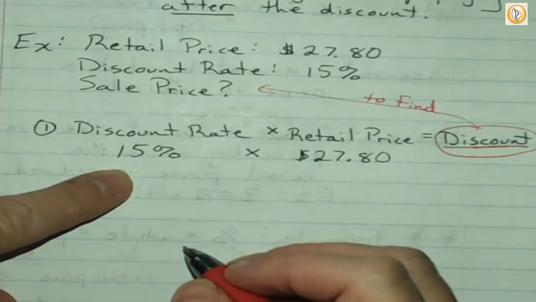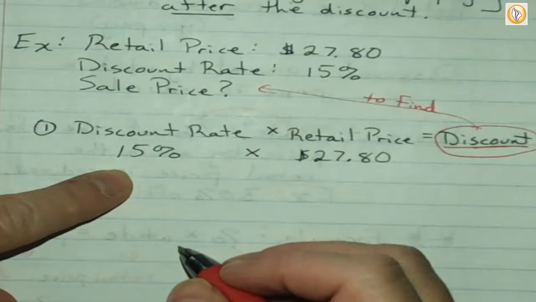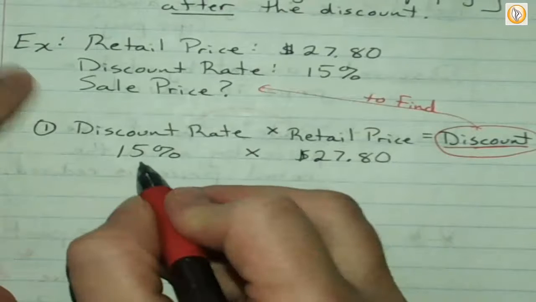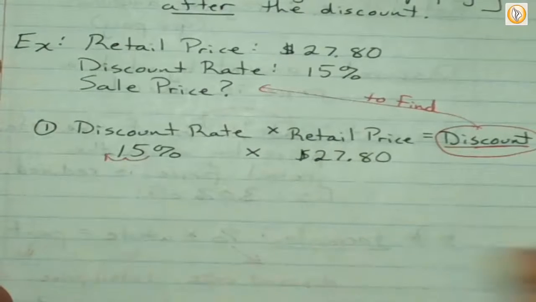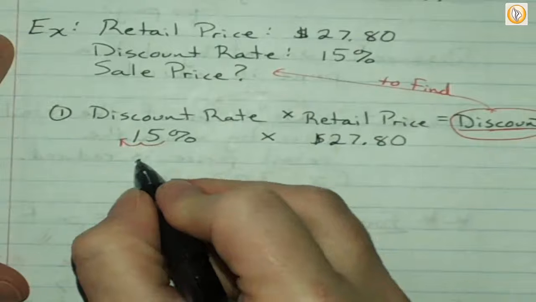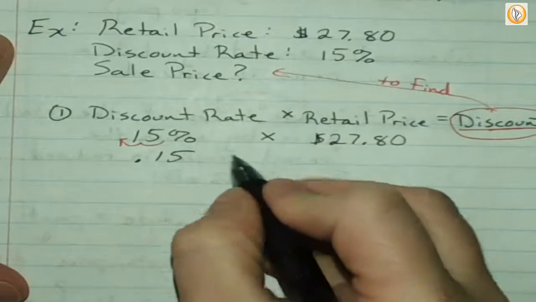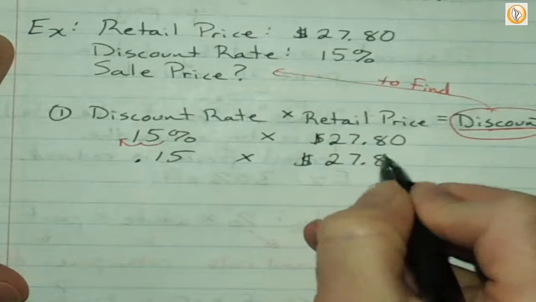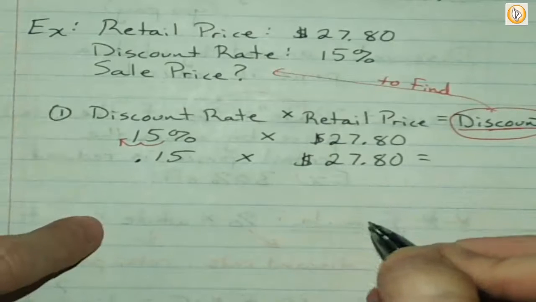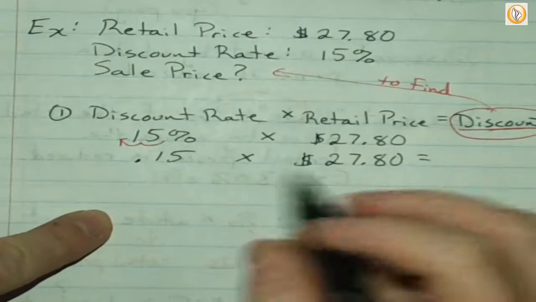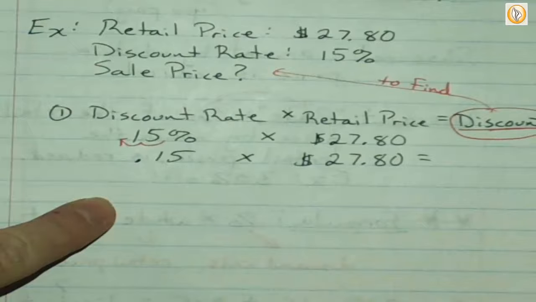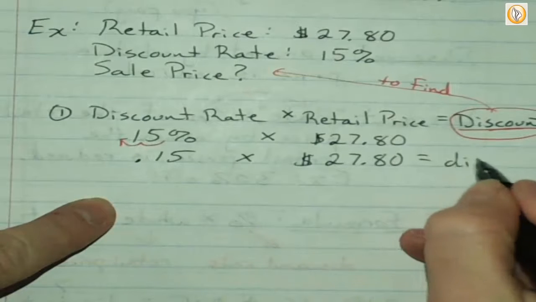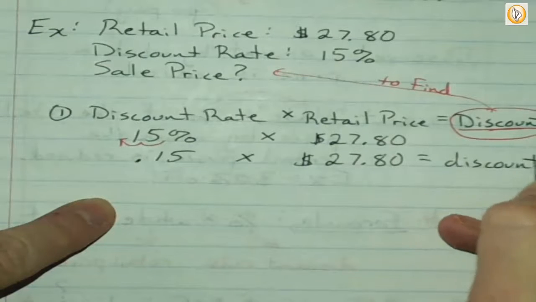You move the percent two spaces. You mean the decimal? Yeah. Okay, so we're changing it to a decimal. So what we end up having is 0.15 times 27.80.